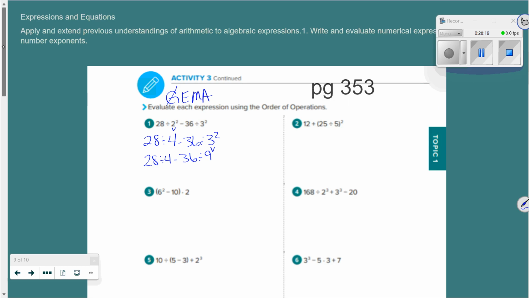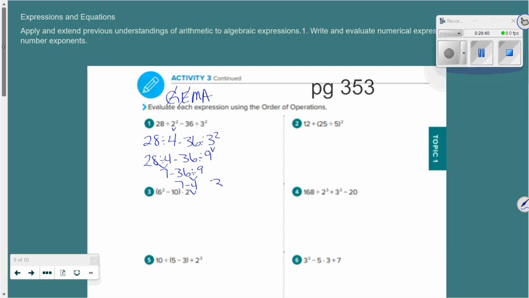Do I have any more exponents? No, so I cross that off. Now I'm going to do multiplication and division from left to right. So I just start at the left. Oh wait, here's the division. So I'm going to do 28 divided by 4, 7 minus 36 divided by 9. I still have a division that I need to do. So 7 minus 4.